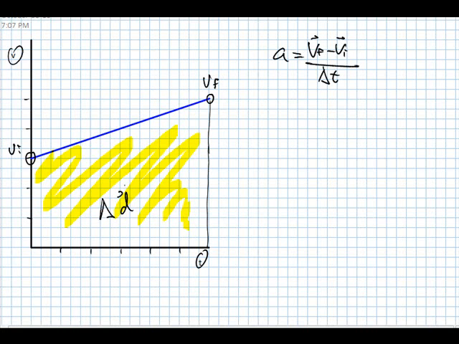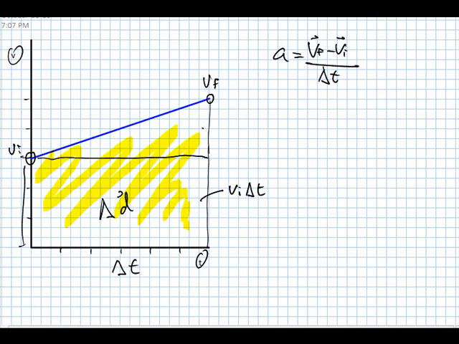The first way we can calculate the area is by simply dividing this into a rectangle and a triangle. The area of the rectangle is going to be delta t across the bottom, and then the height here is vi. So the area of this rectangle is vi delta t.